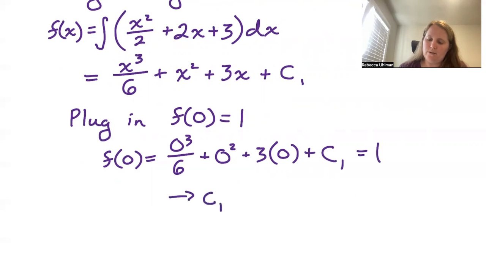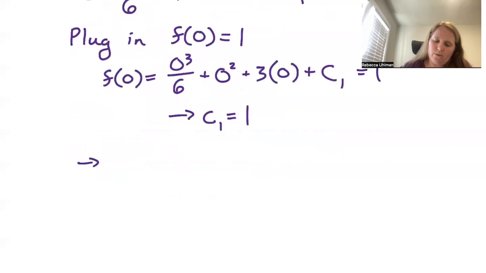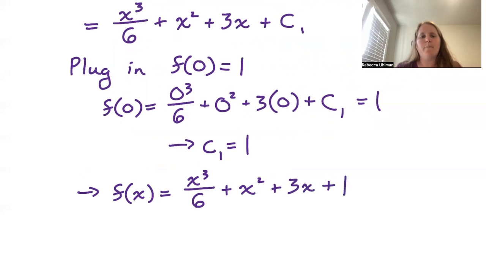This gives us our c1 is 1. And we wind up, therefore, with f of x is equal to x cubed divided by 6 plus x squared plus 3x plus 1.